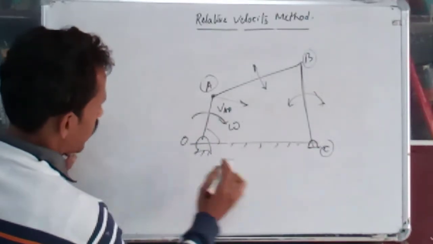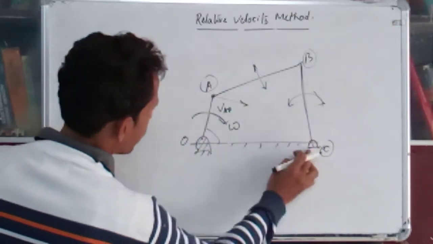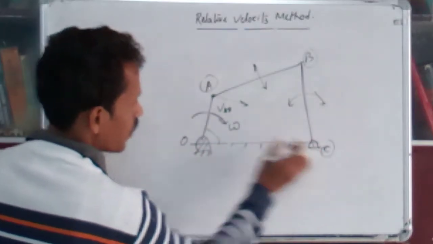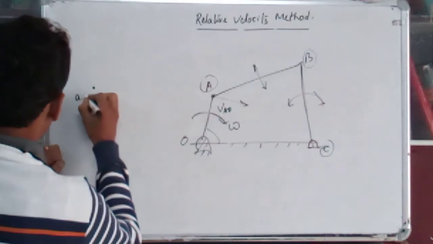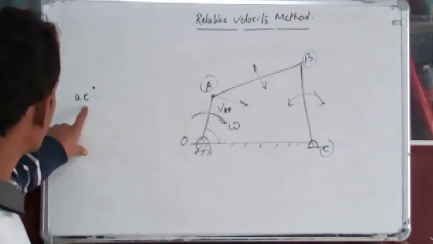Here this is the method. By this method you have to take O and C as the reference point. The fixed point you have to take as reference point. Suppose that is A and C. That is the reference point.